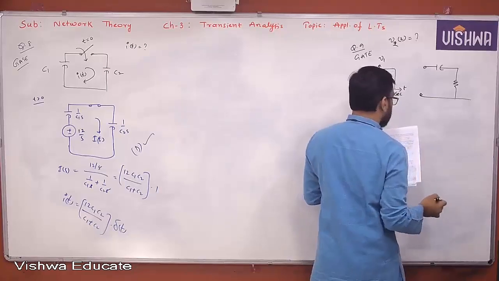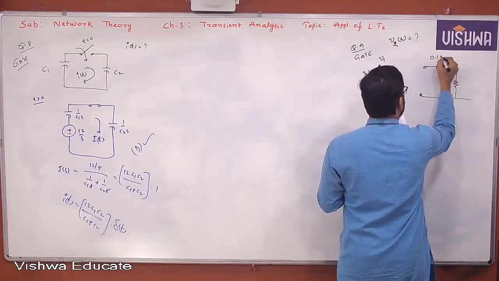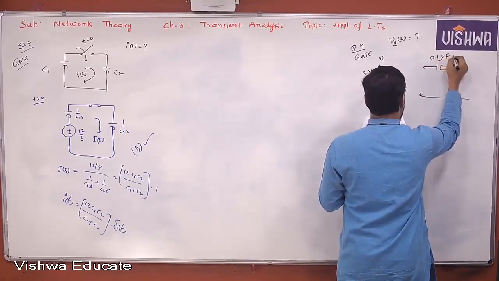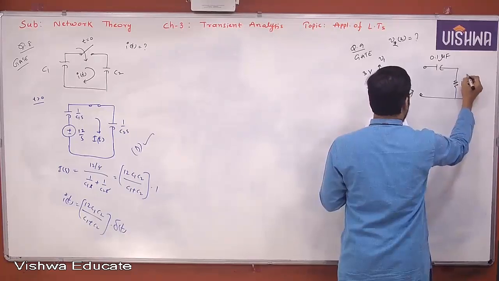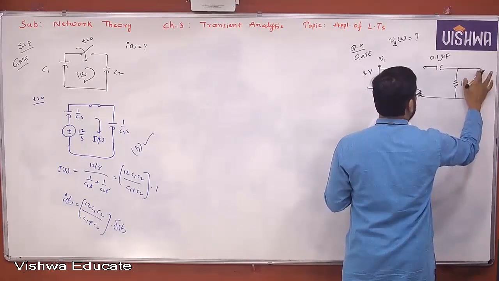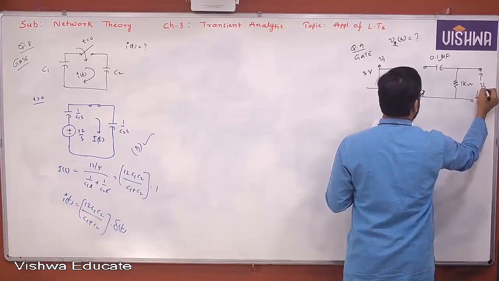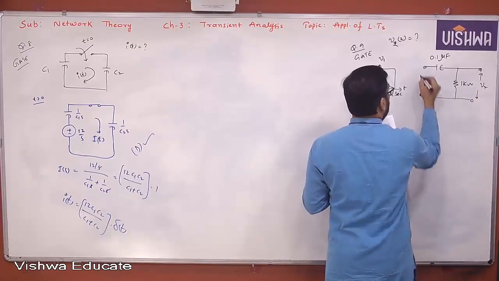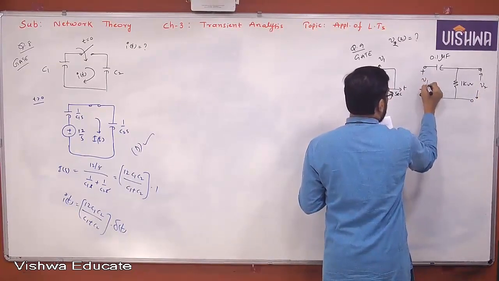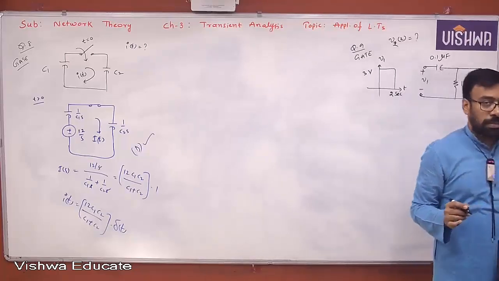He has given a CR circuit, 0.1 microfarad, 1 kilo ohm, and we are expected to find V2 at time 2 seconds. This is the problem given.